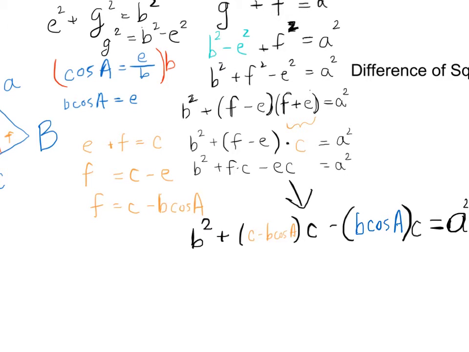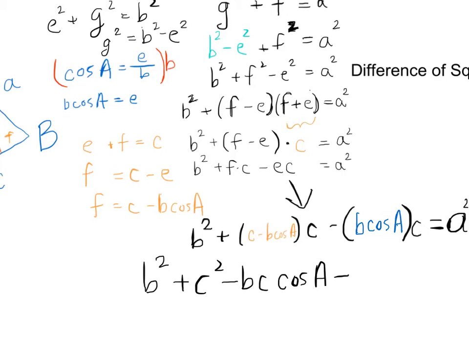A squared. Okay, so this looks really messy, but it actually turns out to be pretty nice. If I distribute all this here, I have b squared plus, just notice, again, I have c distributed into this. That will give me c squared minus bc times the cosine of a.